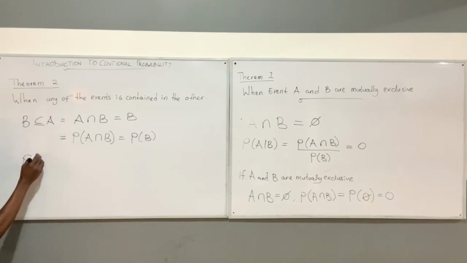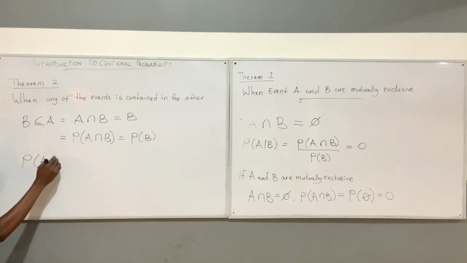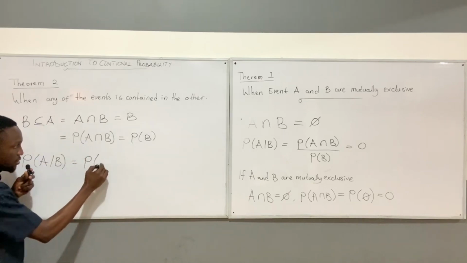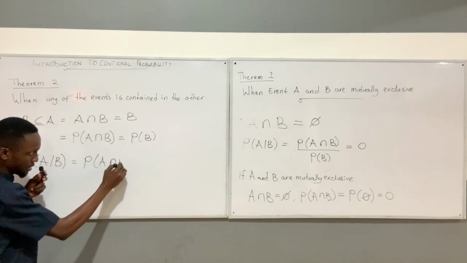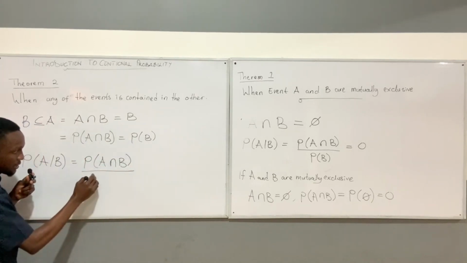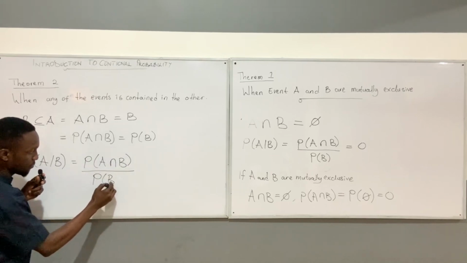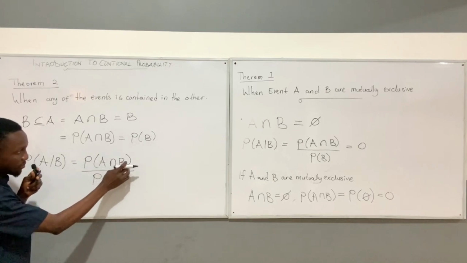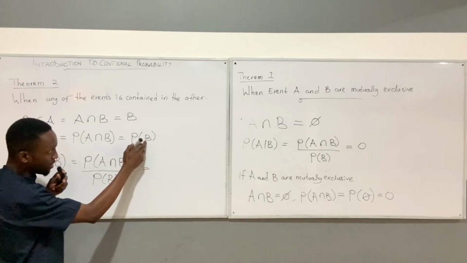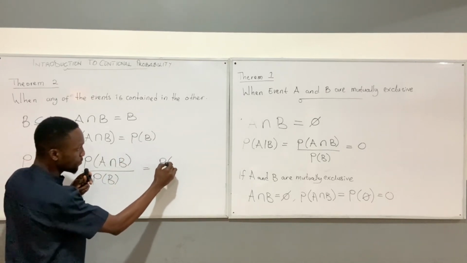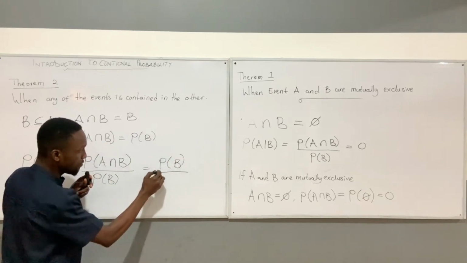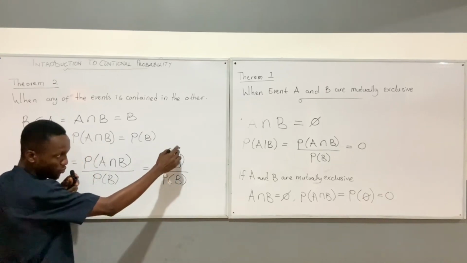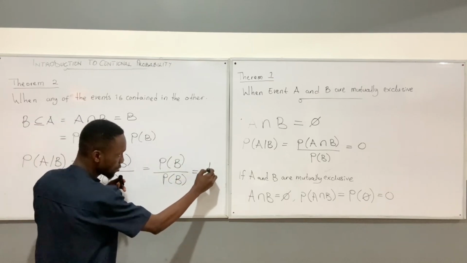So P of A given that the event B has occurred will give us the probability of A intersection B divided by the probability of B. So from here, P of A intersection B is the same as the probability of B. So we have P of B over the same P of B. When we divide this, the result is 1.